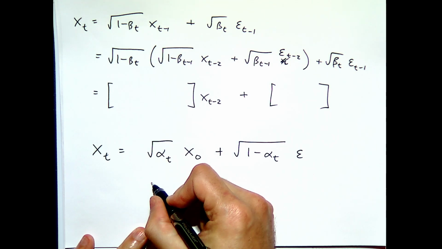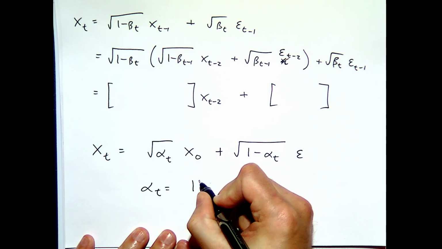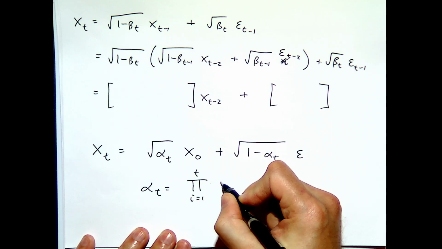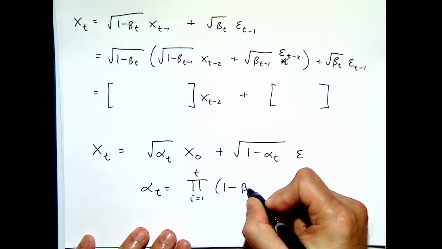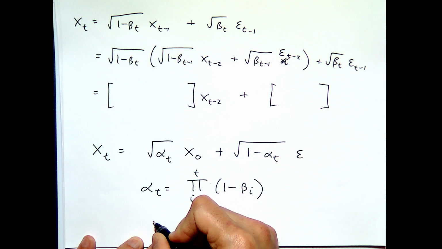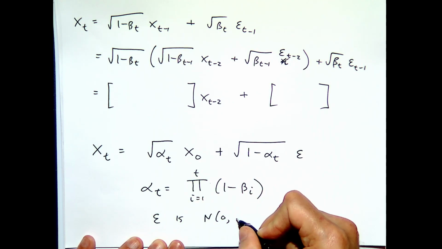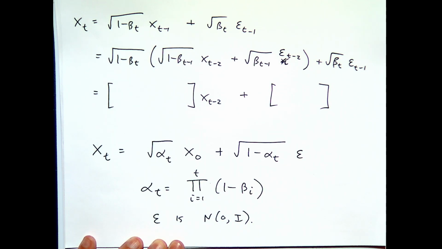And I can write out what the actual values are in terms of the betas. So the alpha t is the product of a whole bunch of 1 minus betas, and this epsilon is basically normal zero identity.